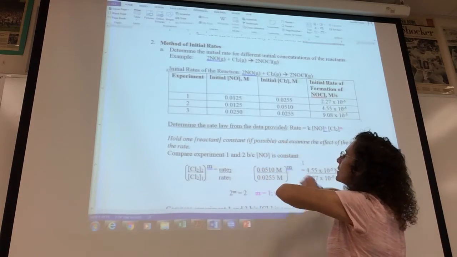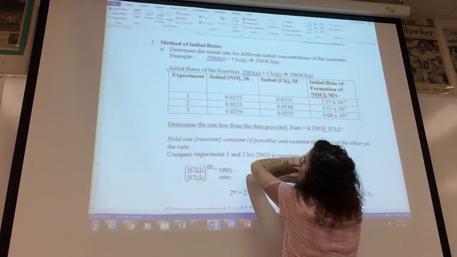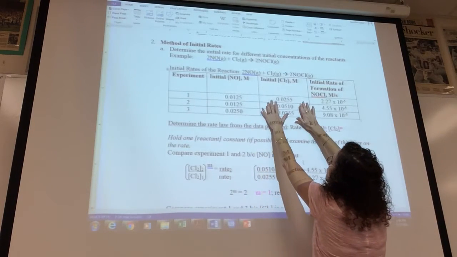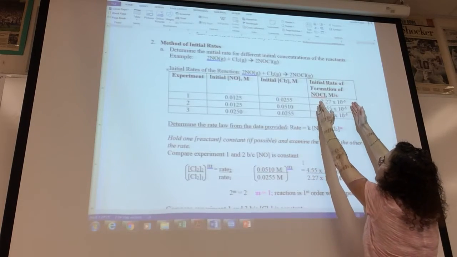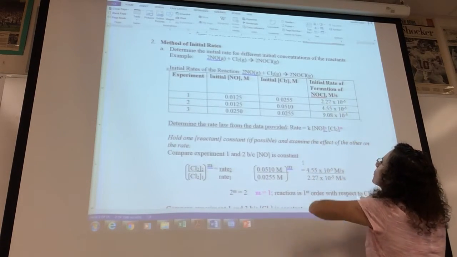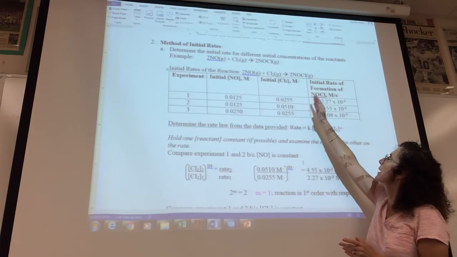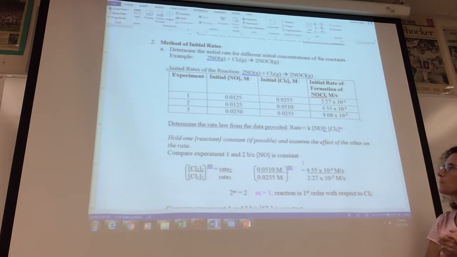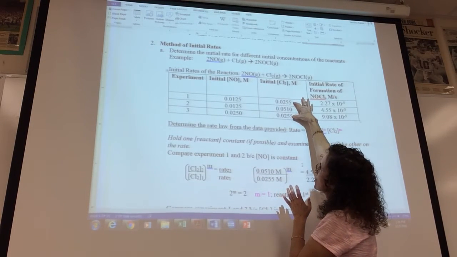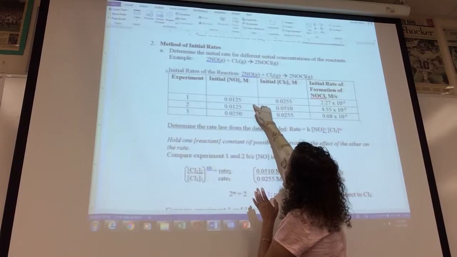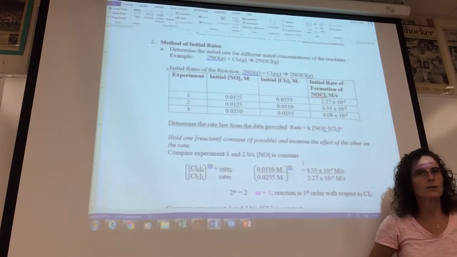What you can see here is that we've held the concentration of nitrogen monoxide constant, varying the concentration of chlorine, and we can then examine the rate of formation of the product to look at the effect of this reactant on this product. Similarly, we've held chlorine concentration constant. We've doubled this concentration, and we can look at the effect on the rate.